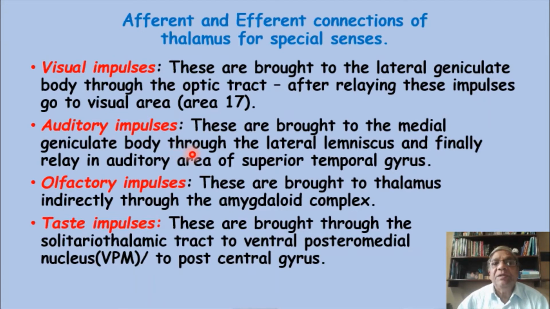So the relay is taking place in the thalamus, and which part of the thalamus? The medial geniculate body, and this is a spatial sense. Just please keep on noting it.